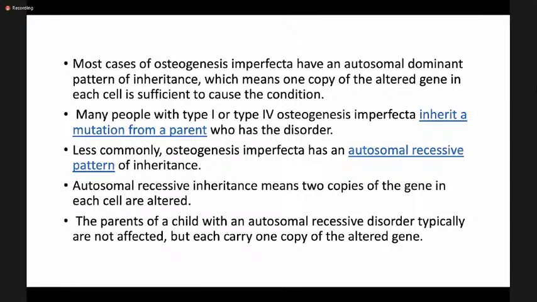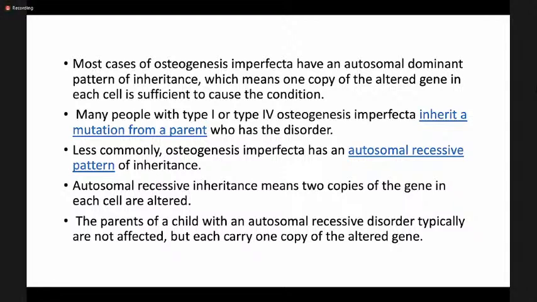So most cases of osteogenesis imperfecta have an autosomal dominant pattern of inheritance, which means one copy of the altered gene in each cell is sufficient to cause the condition. Many people with type 1 or type 4 osteogenesis imperfecta inherit a mutation from a parent who has the disorder.